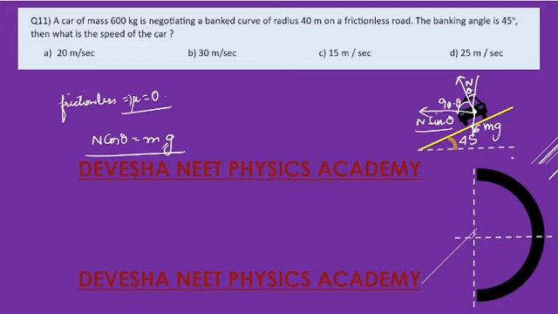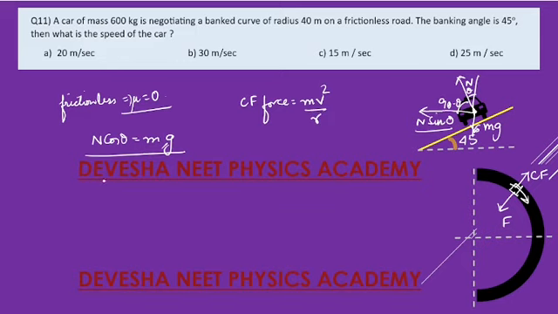And if the car is moving like this, and if the car is located here, there will be a centrifugal force here and there will be friction. The friction will act like this, and the centrifugal force would act in this direction. And what is the centrifugal force? As we mentioned in the previous problem, it's equal to mv square by r.